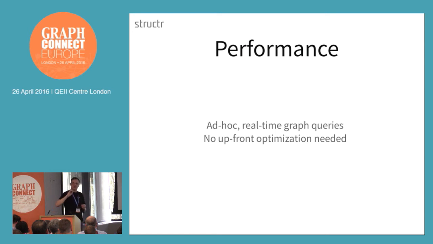But from a developer perspective, it's very interesting, because you don't need to optimize your access path up front, which is what you typically have to do in a classical approach with relational databases or with an integration technology. You really need to know upfront, before you design the system, who accesses which data and how many items do I have of this or that kind of data in the database.